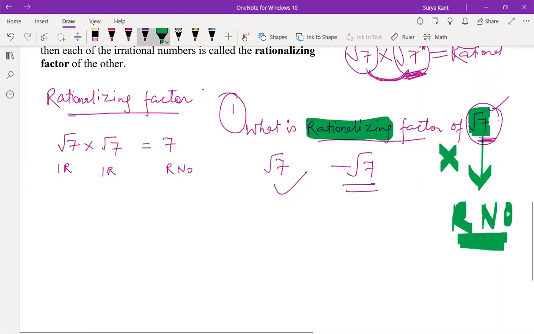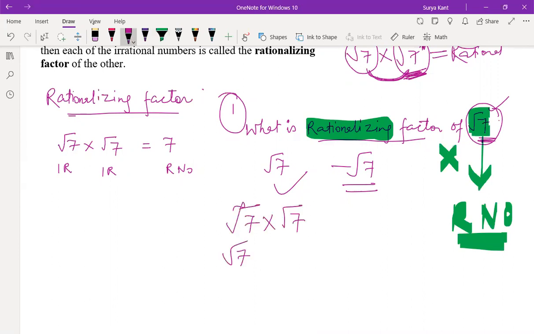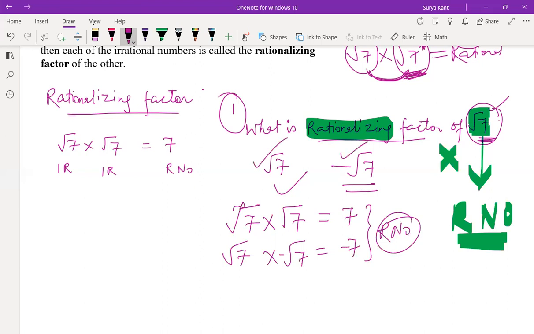So if you multiply root 7 with root 7 or root 7 with minus root 7, these both are 7 and minus 7, both rational numbers. So the rationalizing factor of root 7 is root 7 only or minus root 7? Is it clear, children, or not?